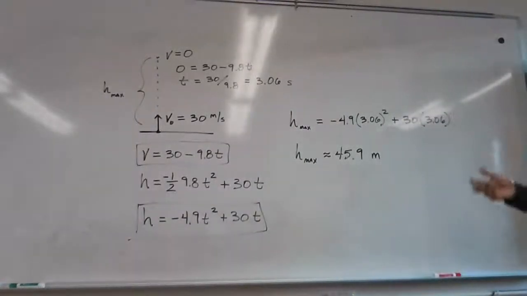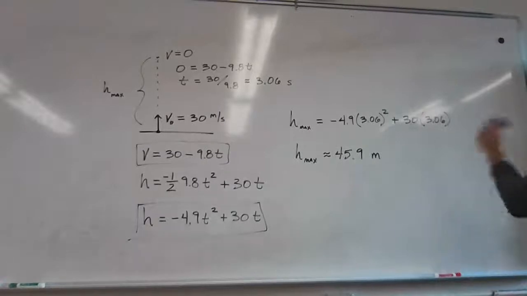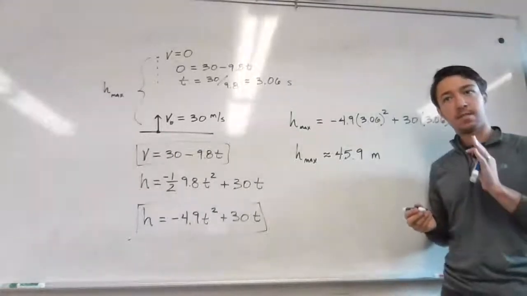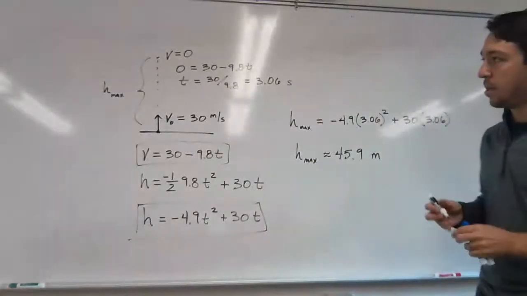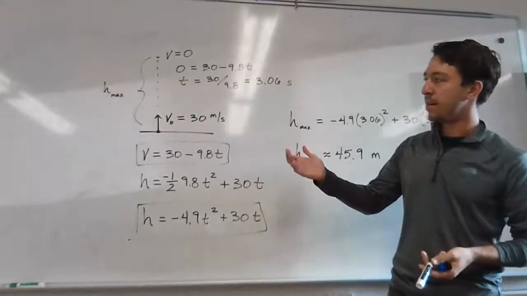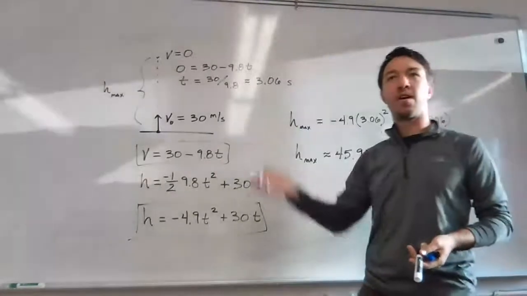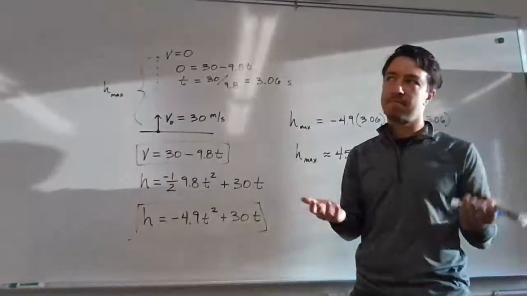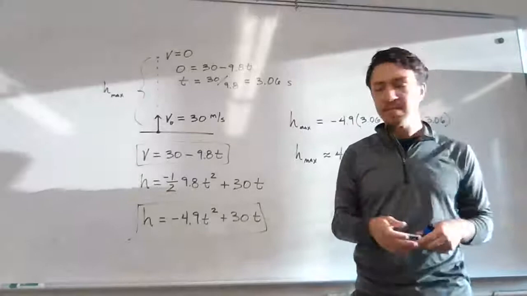Okay, so then the next question, that was part E. Part F, when does the projectile hit the ground? So there's a symmetry answer to this, a nice, simple answer, which is: is there any reason why it should take more time to fall than it took to go up? I mean, maybe there is, I don't know.